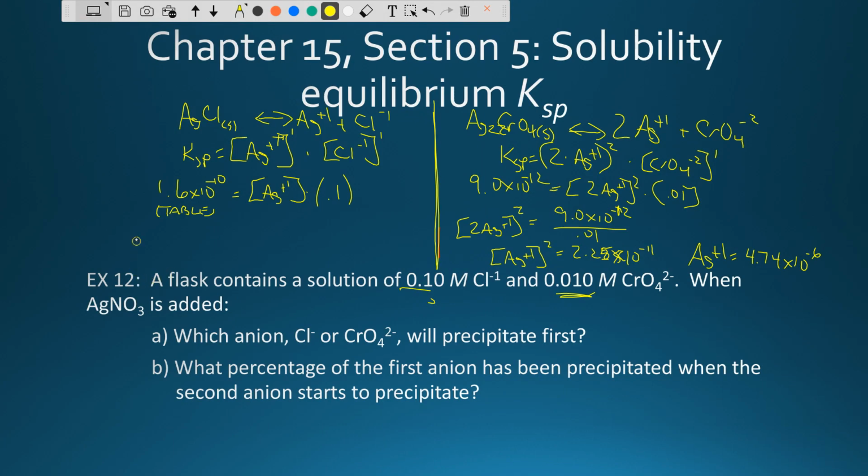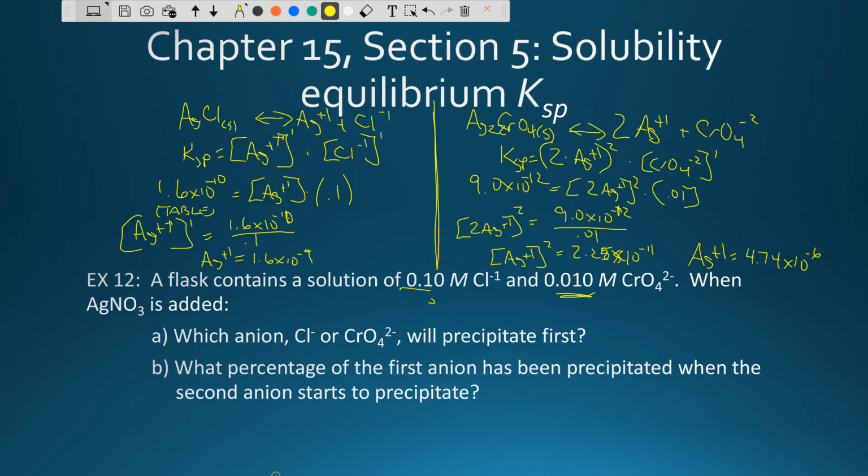Now let's go to this side. I see my silver on this side, and it's only to the 1 power, okay, and it's not doubled. So looking on this side, this is going to equal 1.6 times 10 to the negative 10 divided by 0.1. And so my silver in this case, Ag plus, is going to be 1.6 times 10 to the negative 9. Okay, so what do we do with that?